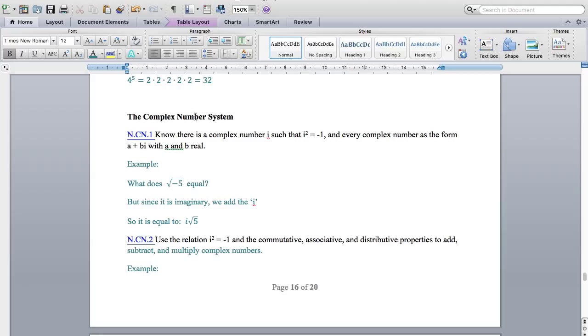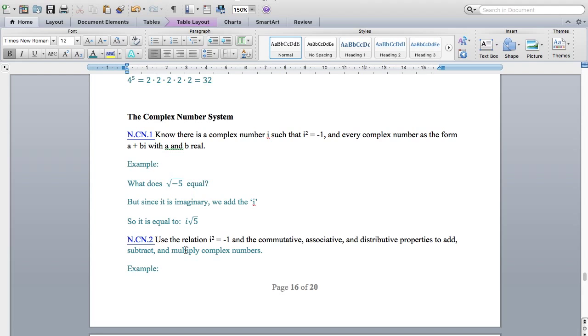And here is the complex number system, N-CN 1, knowing that i squared is equal to negative 1. So here's an example. What does the square root of negative 5 equal? Since it's imaginary, it is i in front of the square root of 5, because it's like taking the negative out of the square root.